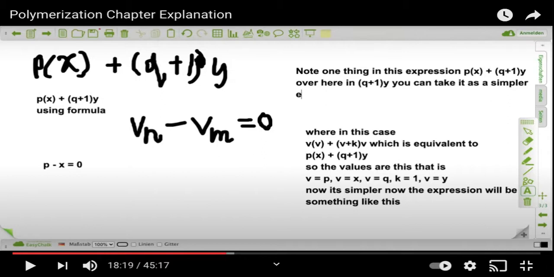That's the rule. So the answer will be q of y plus 1 of y. So the true solution will be p of x plus q of y plus 1 of y, since we multiplied q into y plus 1 into y.